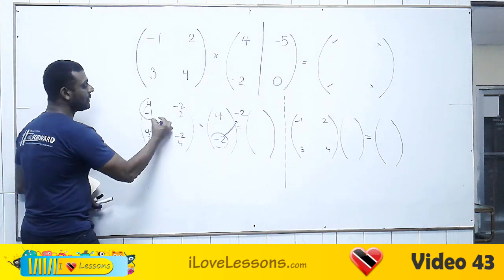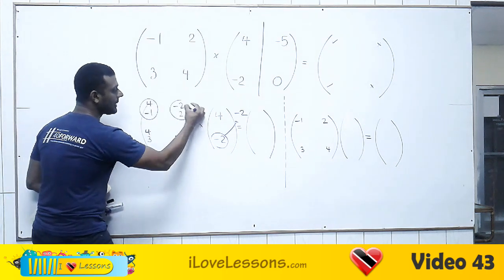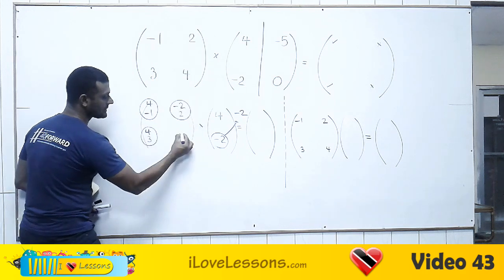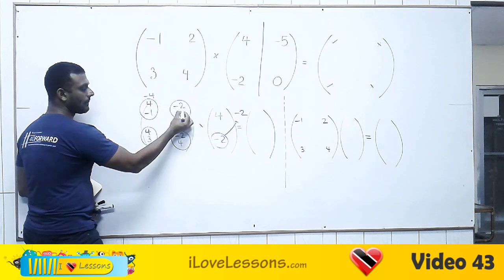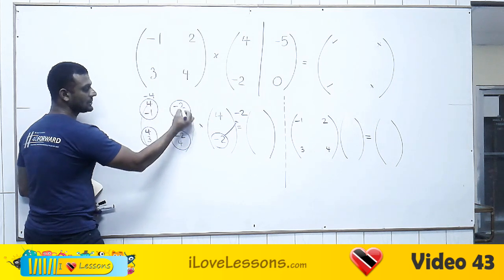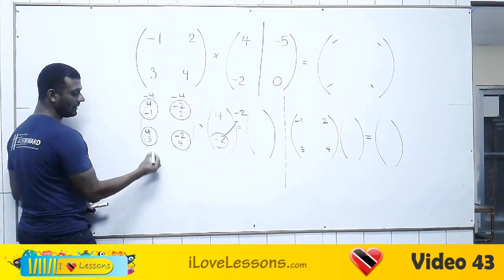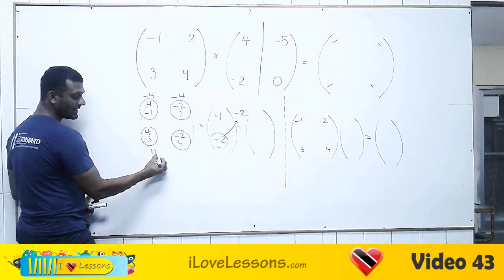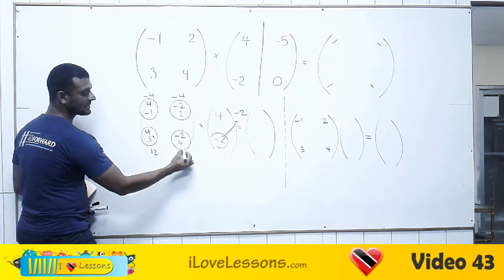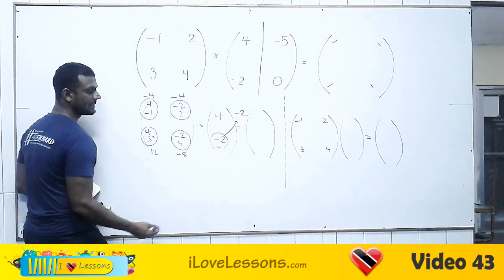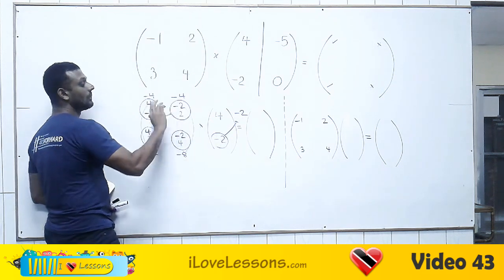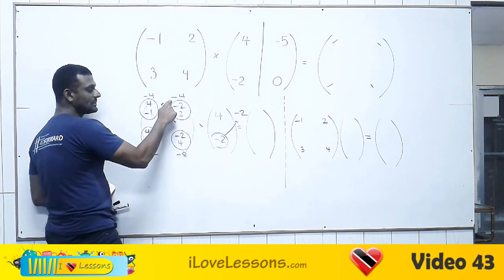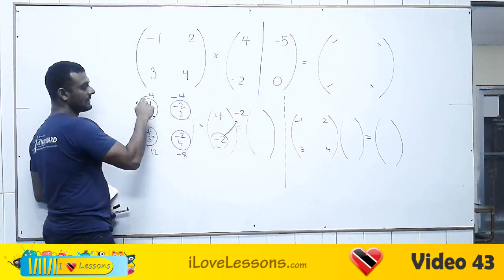So, what we're going to do, we're going to multiply each pair of numbers. 4 by minus 1 is minus 4, minus 2 by 2 is also minus 4, 4 multiplied by 3 is 12, minus 2 by 4 is minus 8. To get these 2 answers, we have to add to get the top answer, we have to add the 2 top numbers, just like in the previous video.